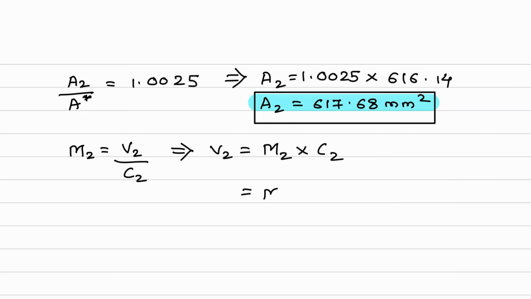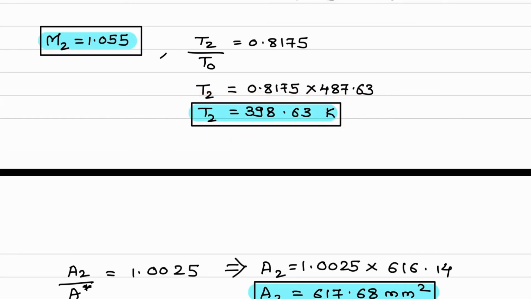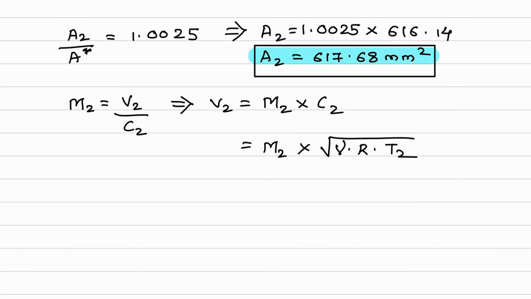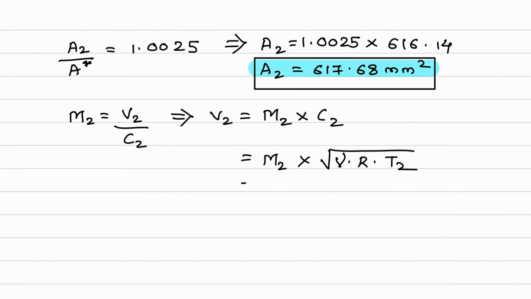Sonic velocity at point 2 will be under root gamma r T2. So to find velocity we require T2, that is why I have found T2 over here. Mach number is how much? Mach number is 1.055 for point 2.